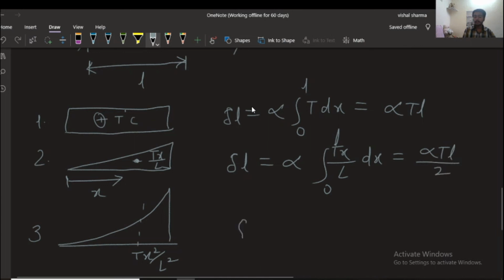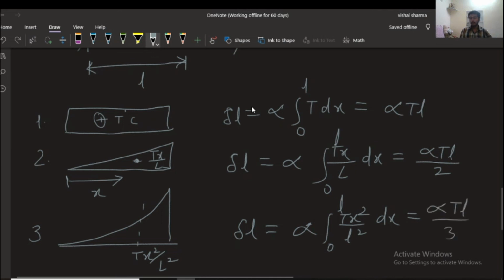In the case of the parabolic variation in the temperature, the change in length is given by alpha integration of 0 to L Tx square upon L square into dx, which is equal to alpha TL by 3.